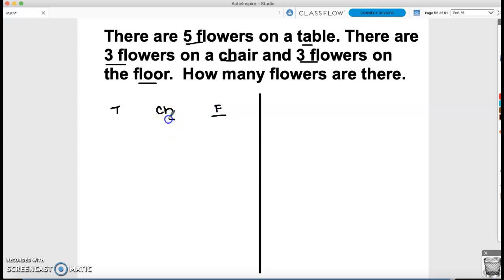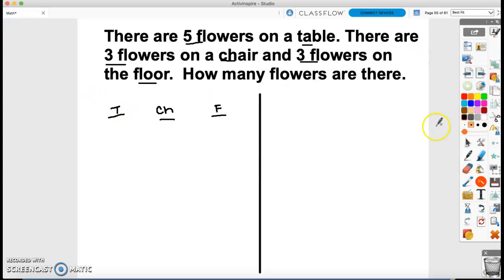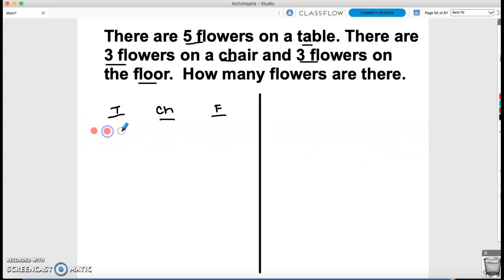And I'm going to draw my pictures. I know that I have 5 flowers on the table. So, 1, 2, 3, 4, 5.